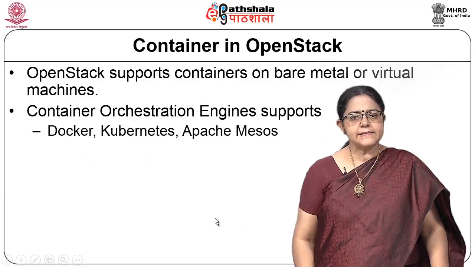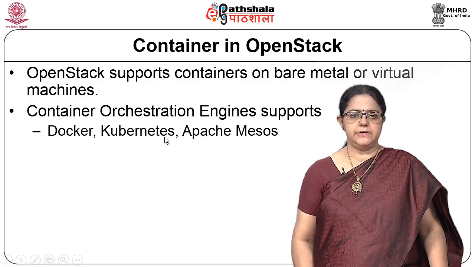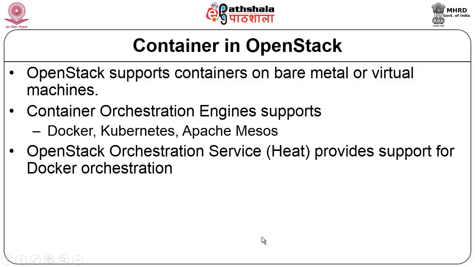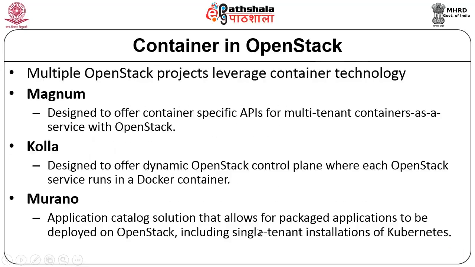So, in OpenStack containers are supported. It supports all the possible engines. Docker, Kubernetes and Apache Mesos are the different engines that are supported. It orchestrates among the containers using one of the optional additional services called Heat, and this orchestration framework allows the containers to be put together for some benefit.